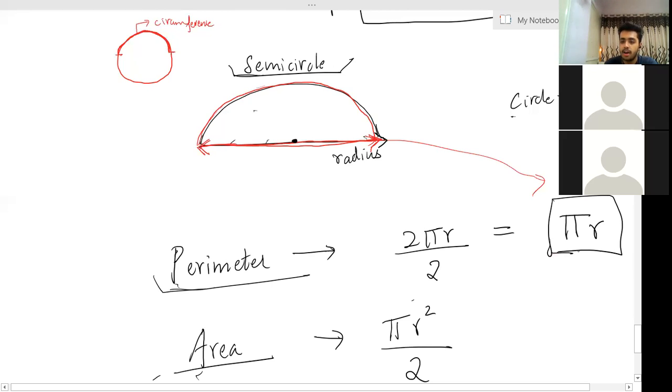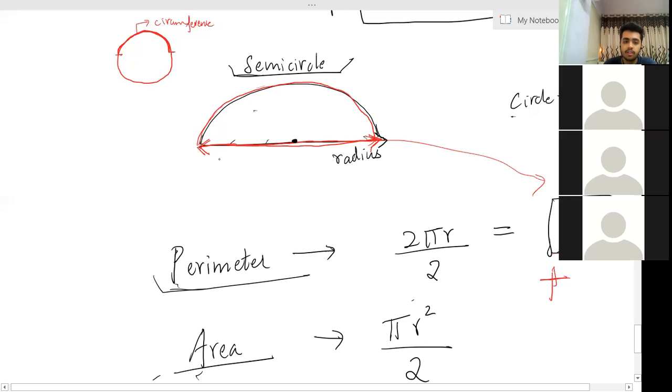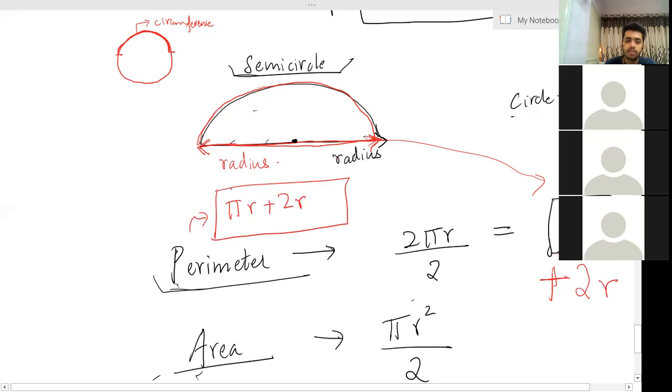So this pi r plus this is the radius, this is also the radius, which is plus 2r or plus diameter. So the final perimeter is equal to pi r plus 2r. Don't forget, this is very important.